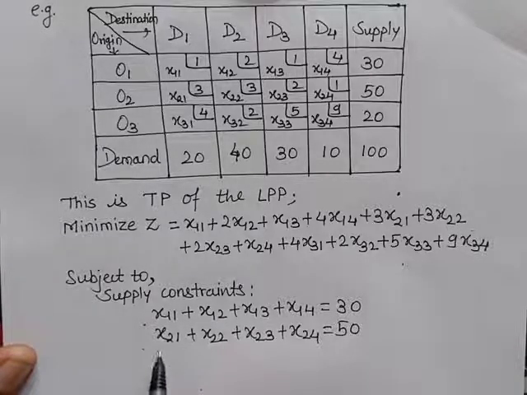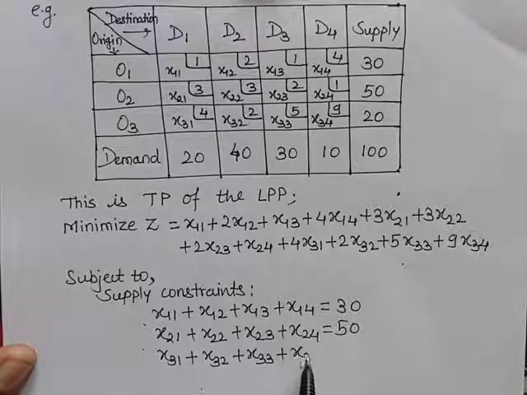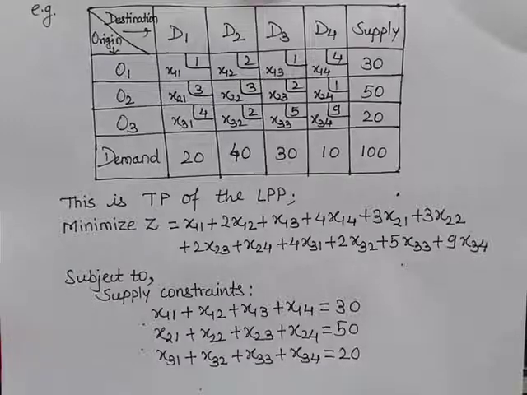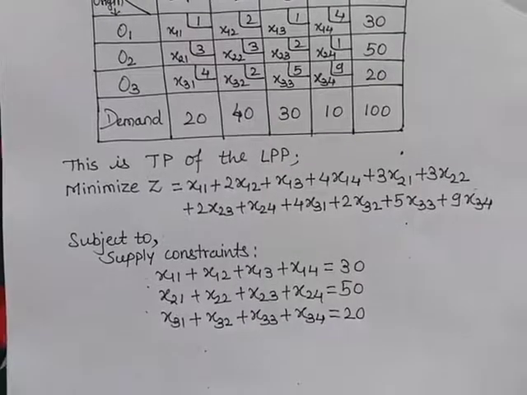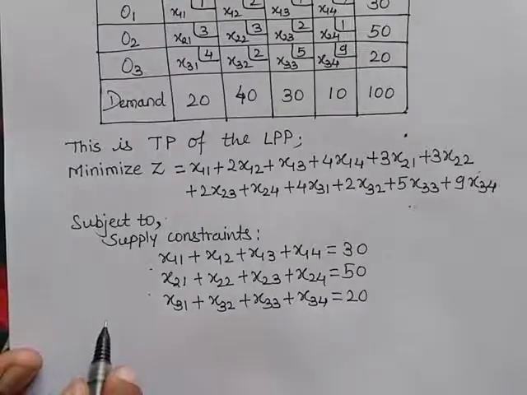Again x31 plus x32 plus x33 plus x34 is equal to what? 20.